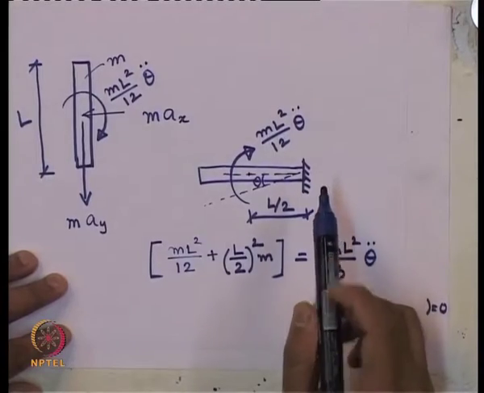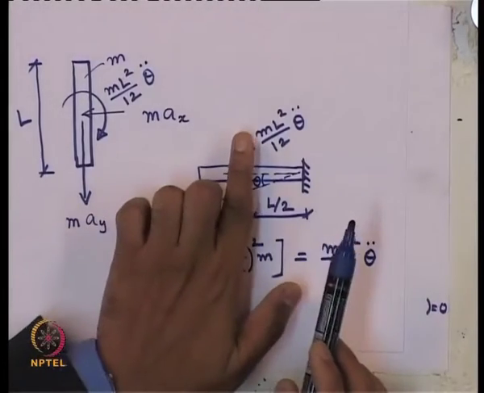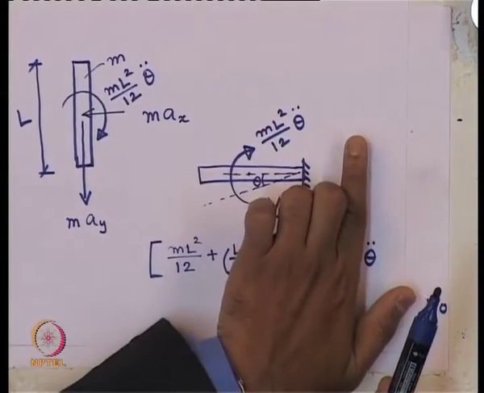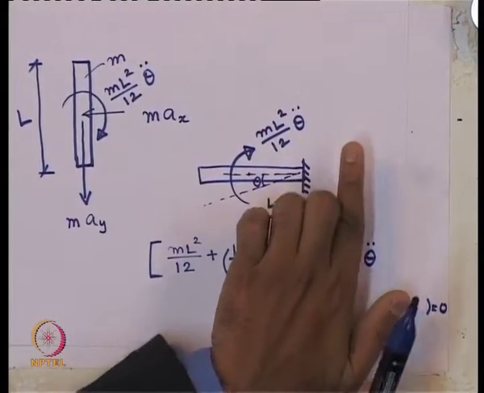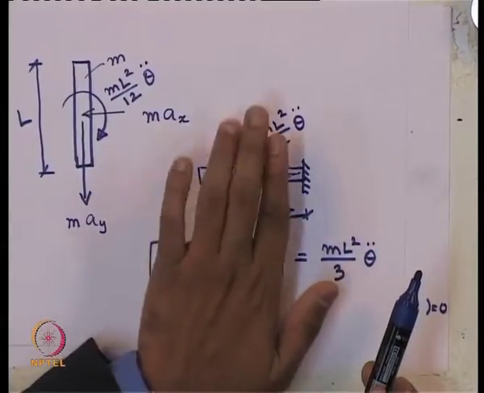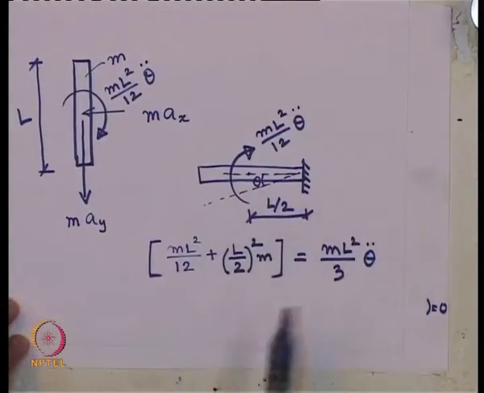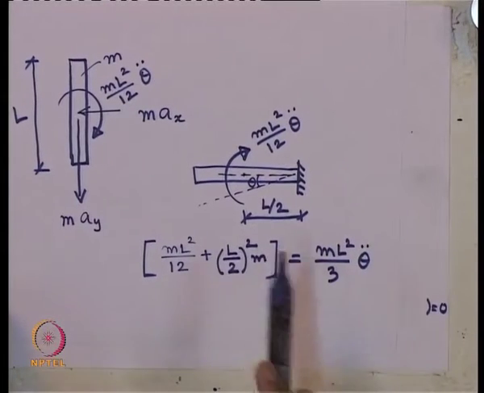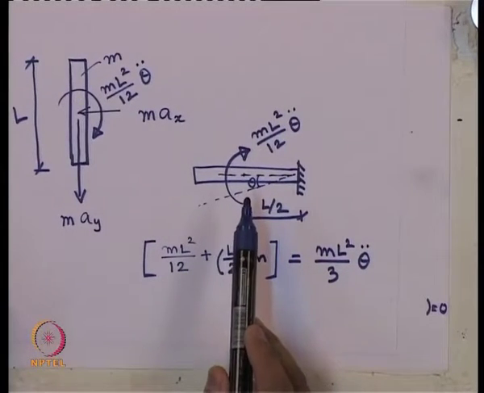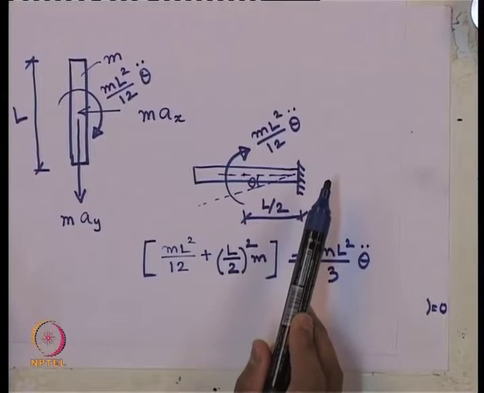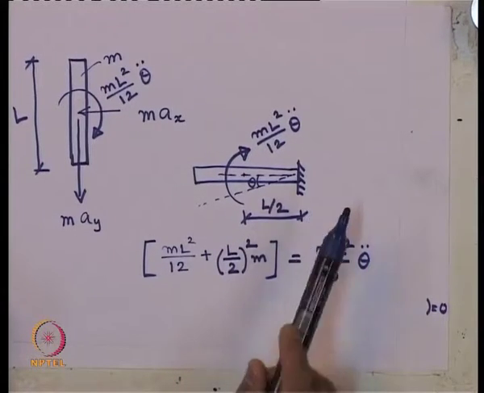What does it mean? I am transferring this force from the center of the bar to one end of the bar. That is it. It is the transfer of the force. So, we know about this transfer of the force, how we can do. So, instead of considering the inertia force at the C g, we can consider it at one end of the bar also.